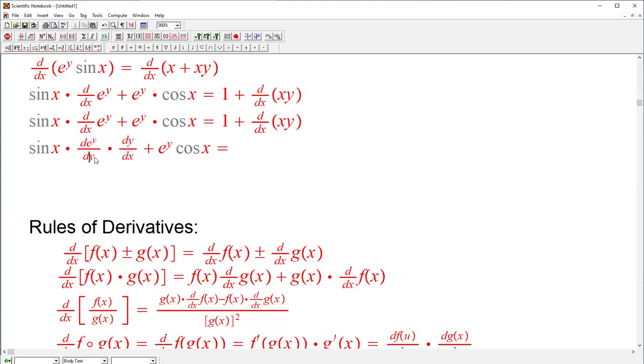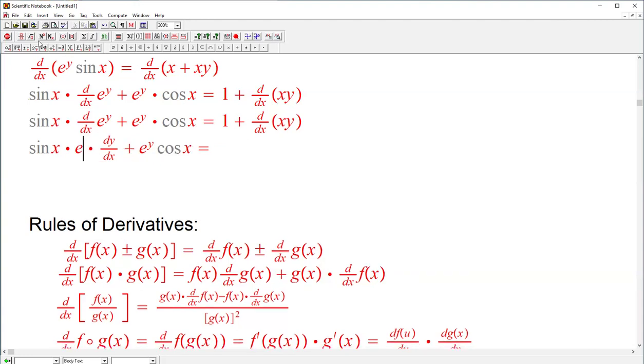This is more or less like e to the power u, du/dx. Here we just use the y. And the derivative of e to the power y with respect to y is just e to the power y.